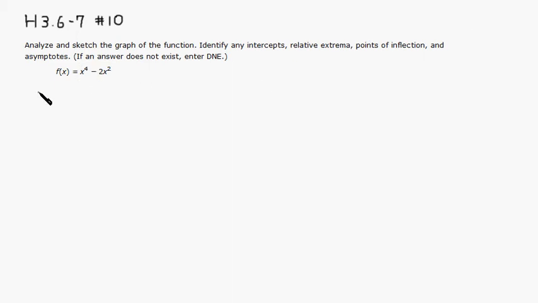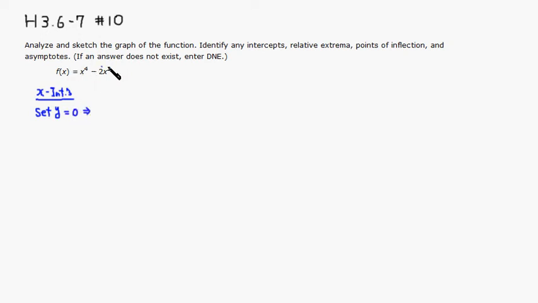So if you want to find x-intercepts, what we need to do is first set y equal to 0.